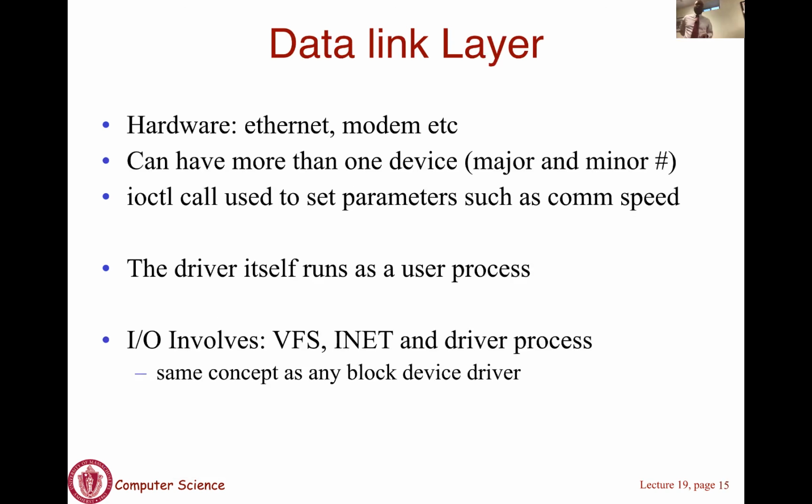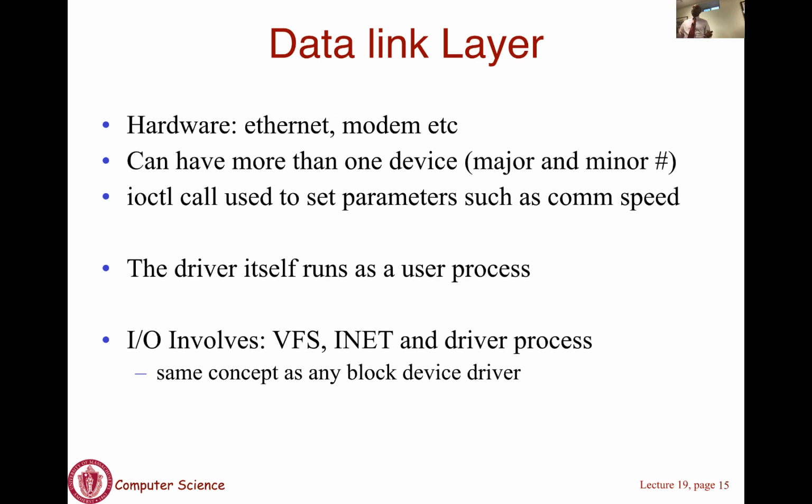Okay. So let's start with the data link layer. The data link layer can use any kind of hardware for communication. That includes things like Ethernet, modem, Wi-Fi cards, as well as other cards. So you can use any of these interfaces to communicate.